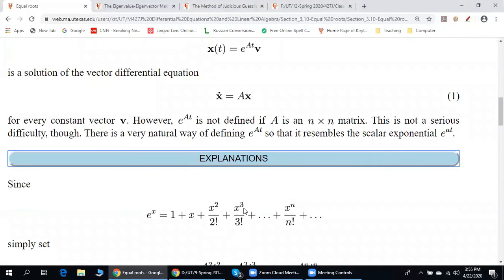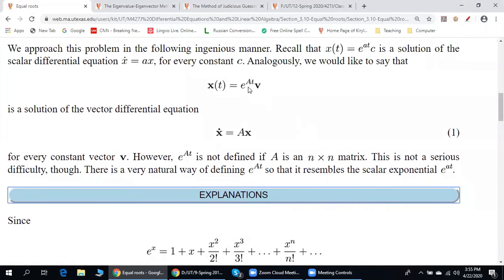Well, let us go back to the Maclaurin series for e to the x. e to the x is equal to this. Now, we have no idea how to raise e to a matrix power. We just don't know this matrix operation.